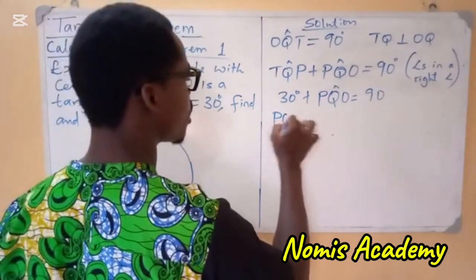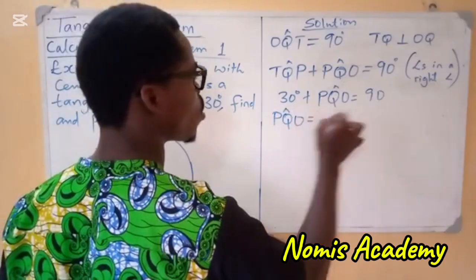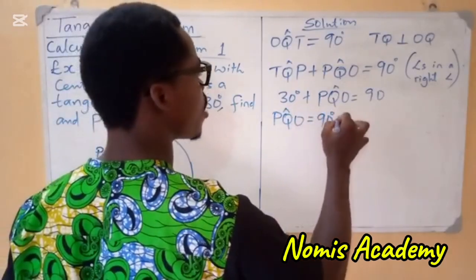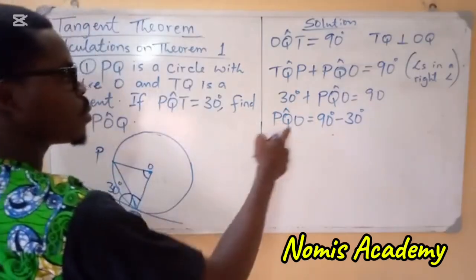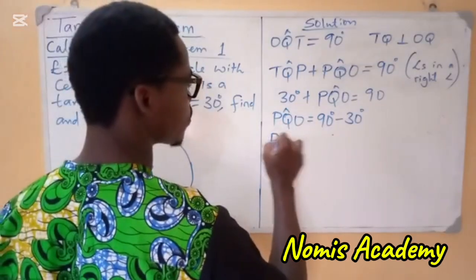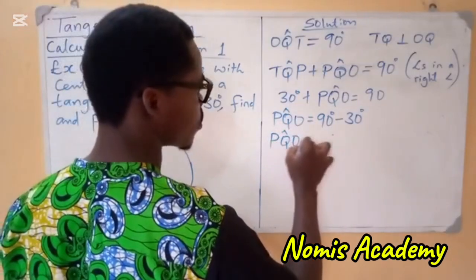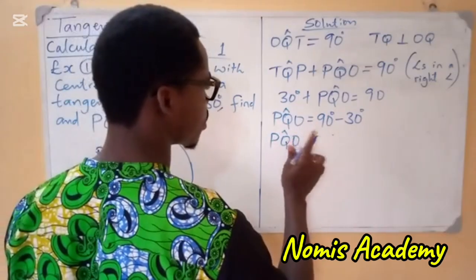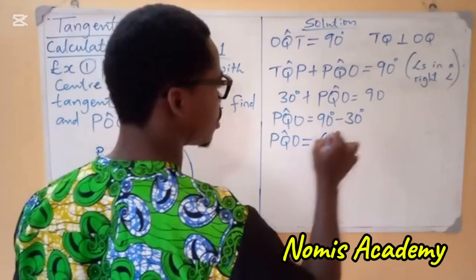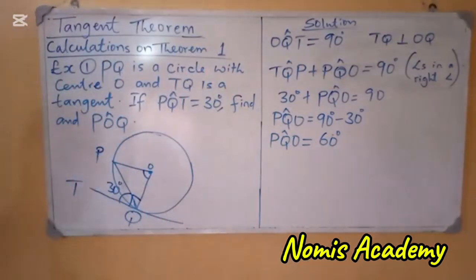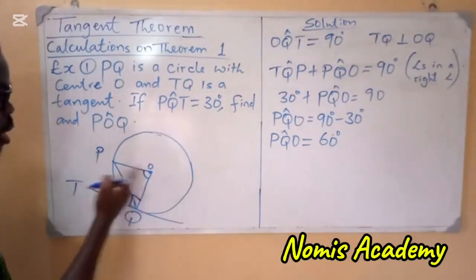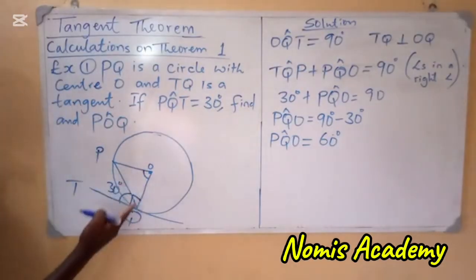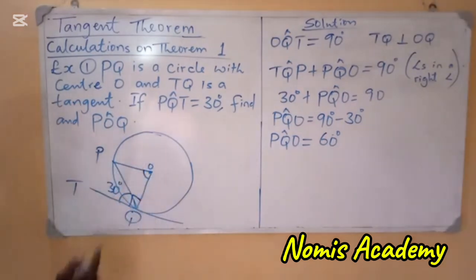So PQO is equal to 90 degrees minus 30 degrees. So PQO is 60 degrees. Mind you, our target is to find the angle at O, the angle subtended at the center.